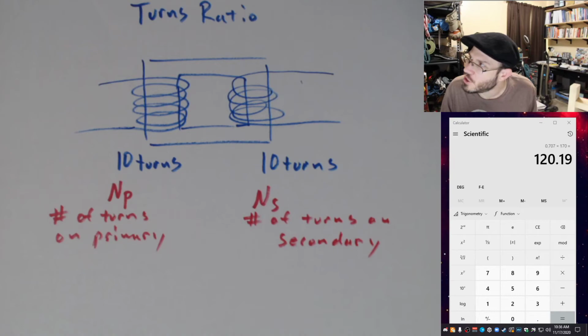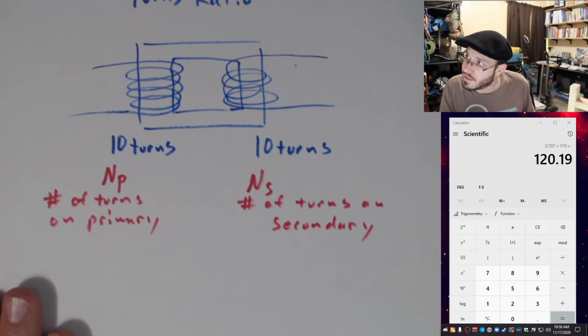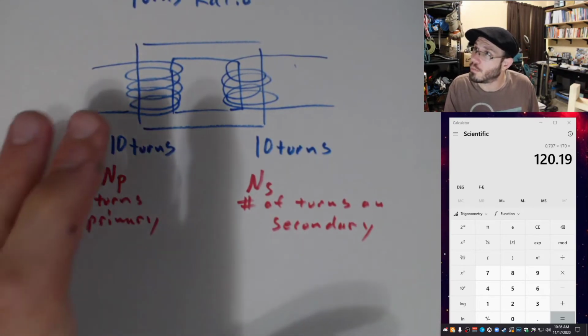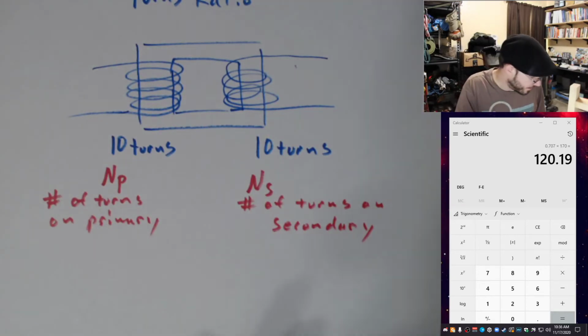Now the turns ratio is actually going to give us the voltage ratio between the primary and the secondary.